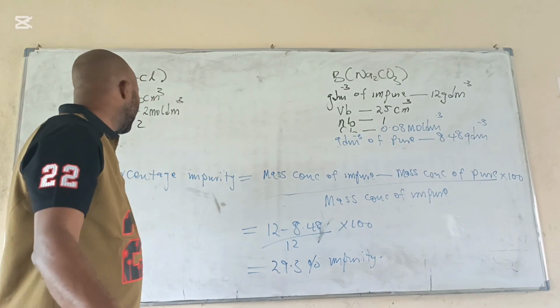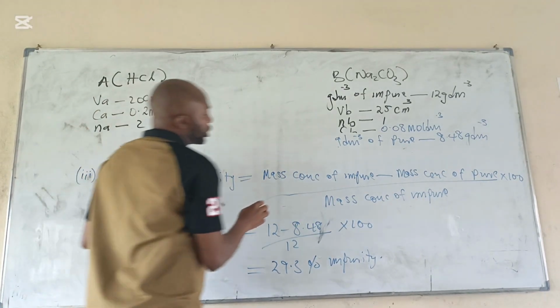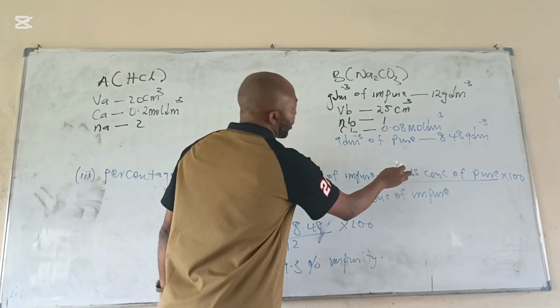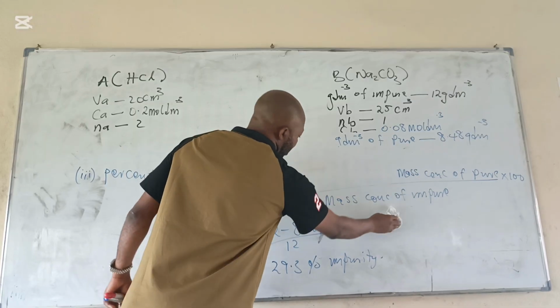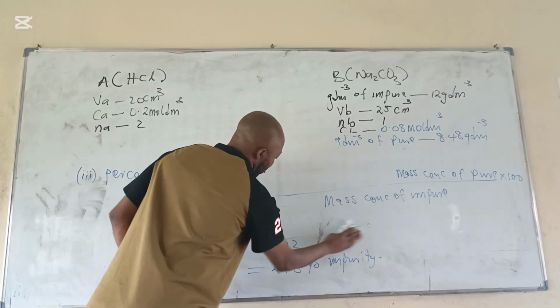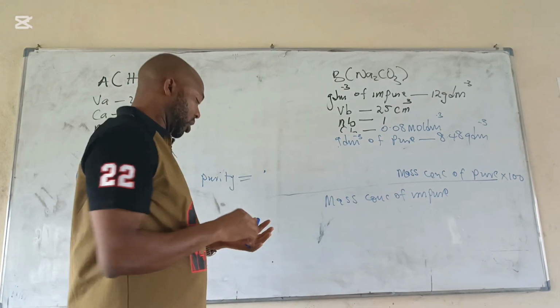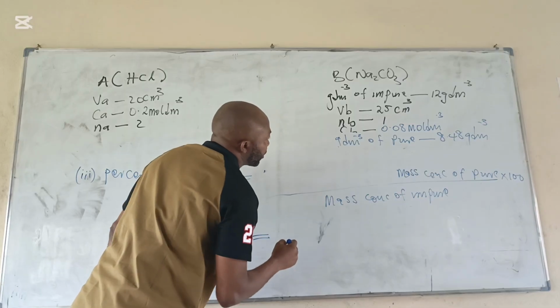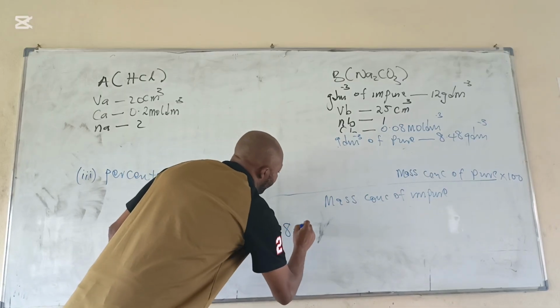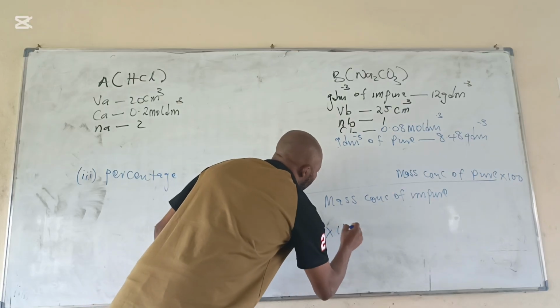But okay, let's try that one. Percentage purity, which is mass count of pure over mass count of impure times 100. So if I take these ones out, let's see how that is true. Now I can say mass count of pure is 8.48 over mass count of impure, which is 12 times 100.